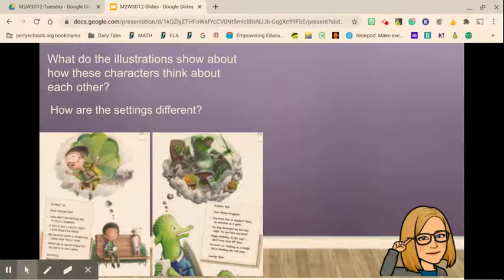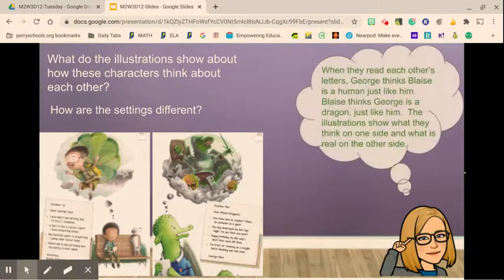And when Blaze is reading his letter about being a knight, I can see that Blaze is picturing him as a dragon with his knight costume on and fighting off things. So when they read each other's letters, George thinks Blaze is a human, just like him, and Blaze thinks George is a dragon just like him. The illustrations show what they think on one side, and then what is real on the other side.